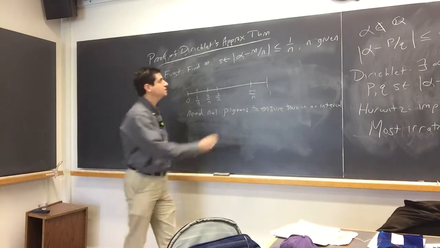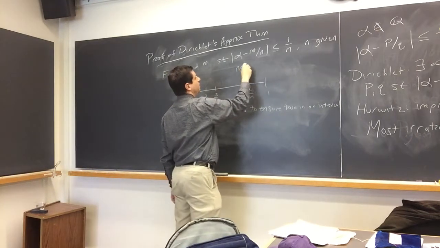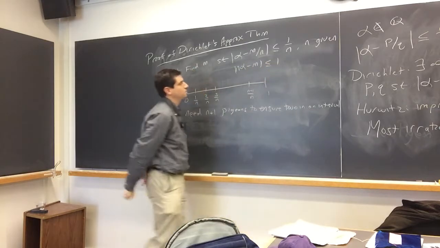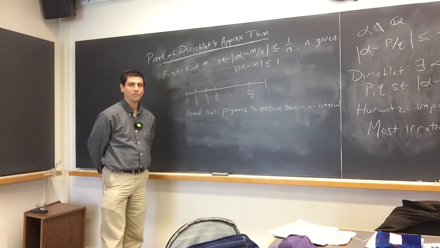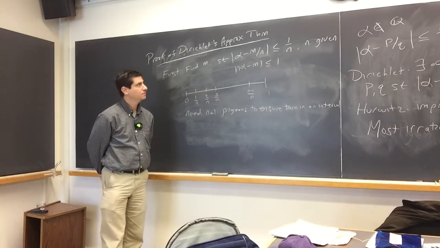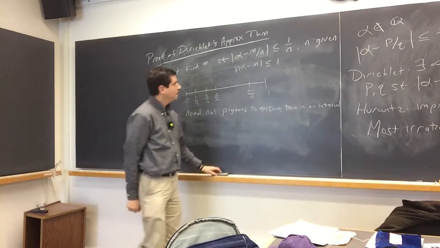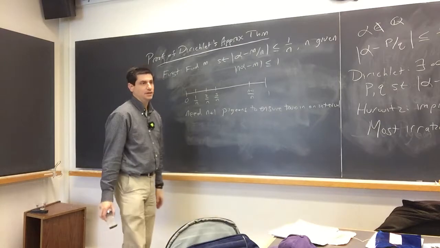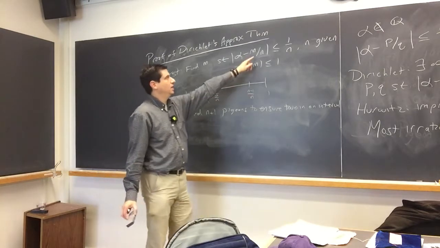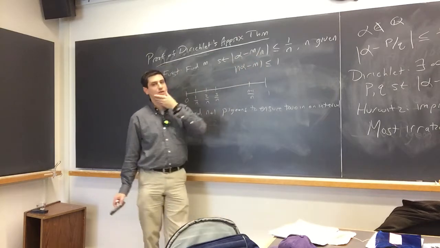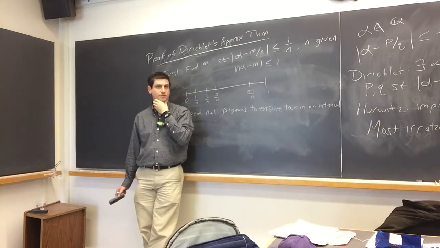Yeah, this is the same as n alpha minus m is less than or equal to 1. So if I fix n over here, I can keep increasing m, and as long as alpha is less than 1, this actually should work, right?